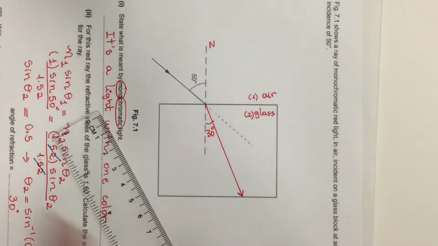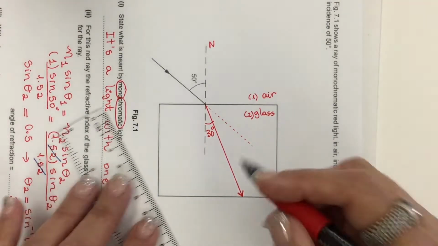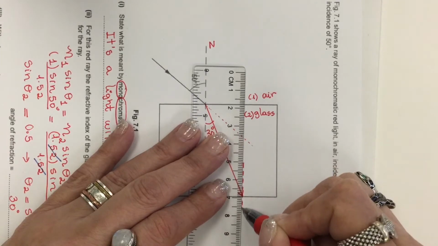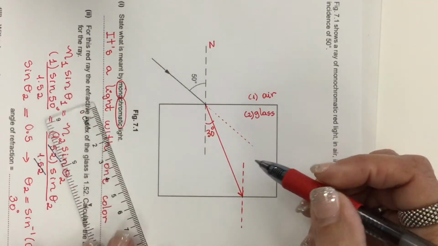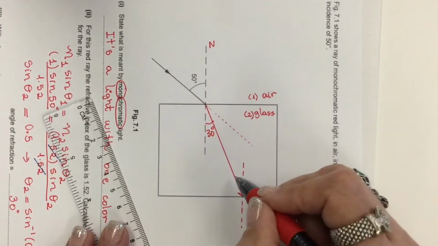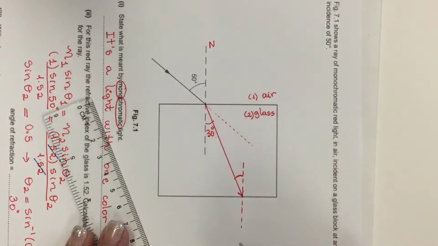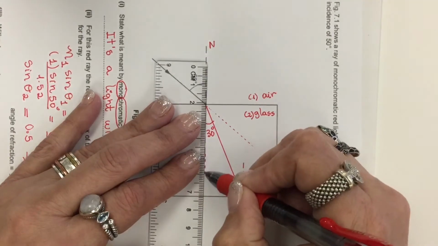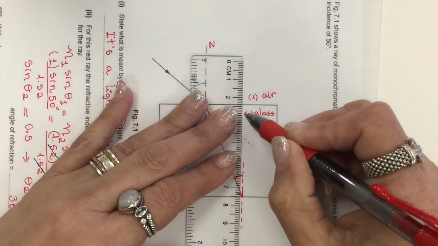Now it's asking about emerging from the glass. So here at this point, we draw a normal line. And now we need to define which angle this is. To do that, it's very simple. You can close this so you can see better.